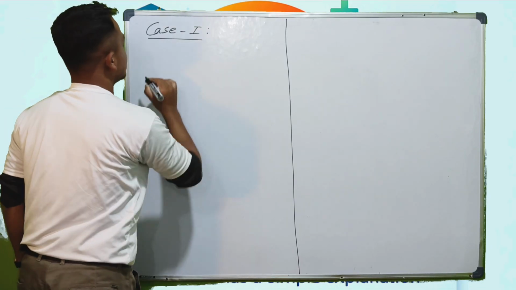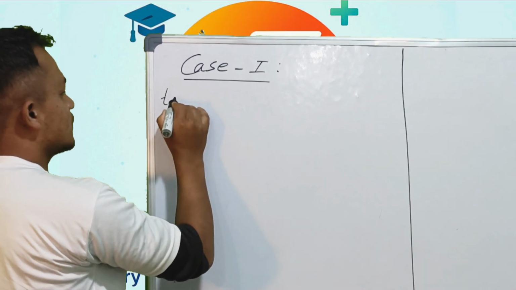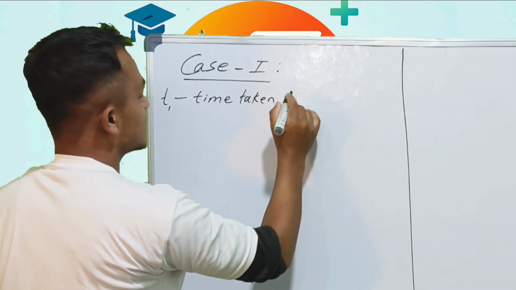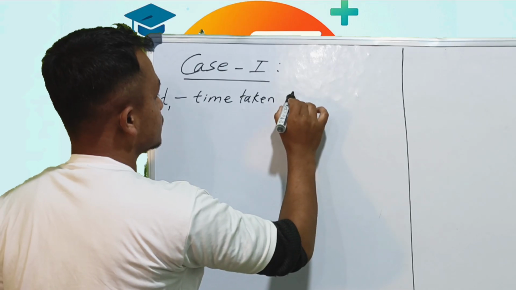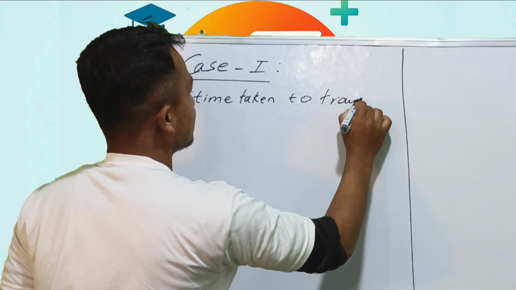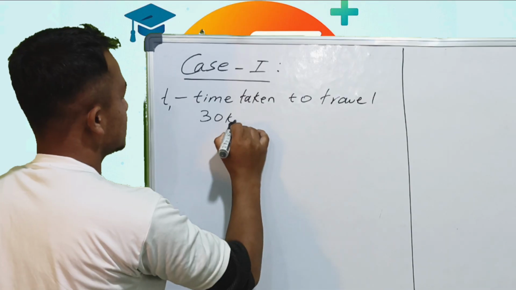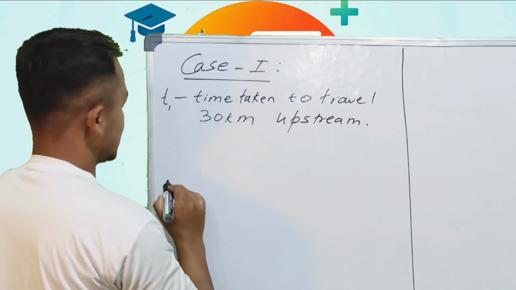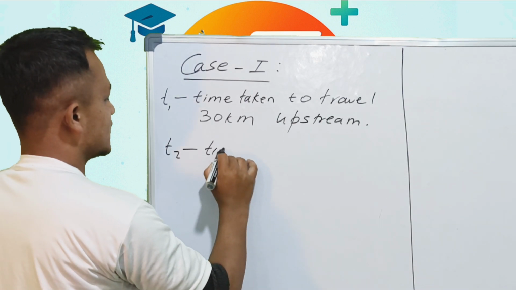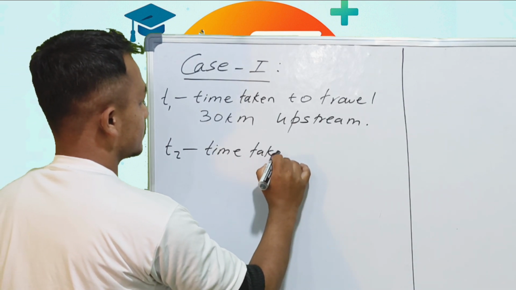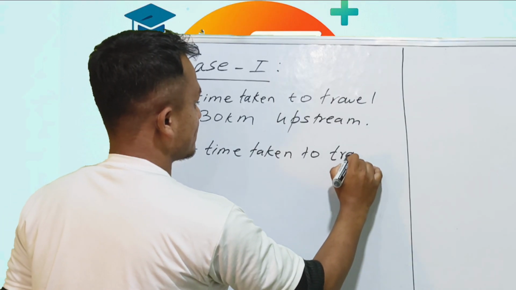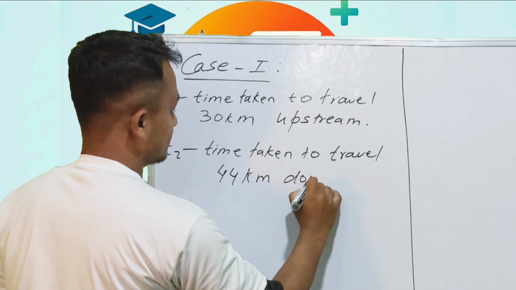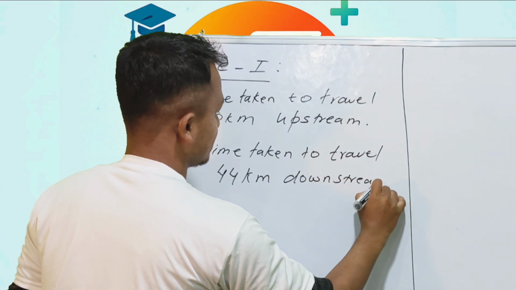Case 1. For this case 1, let's say that T1 is the time taken to travel 30 km upstream, and T2 is the time taken to travel 44 km downstream.